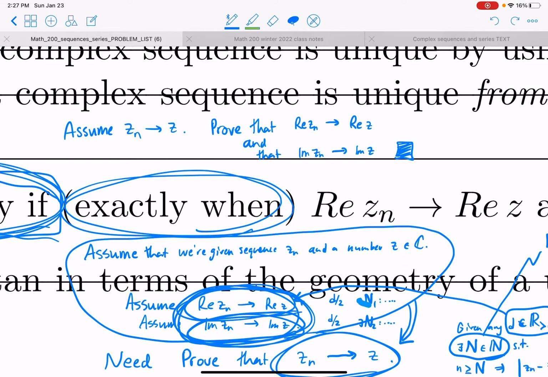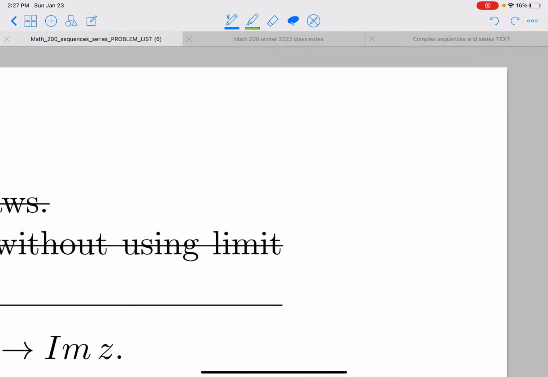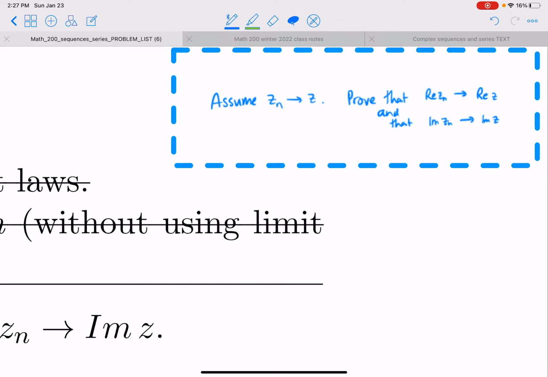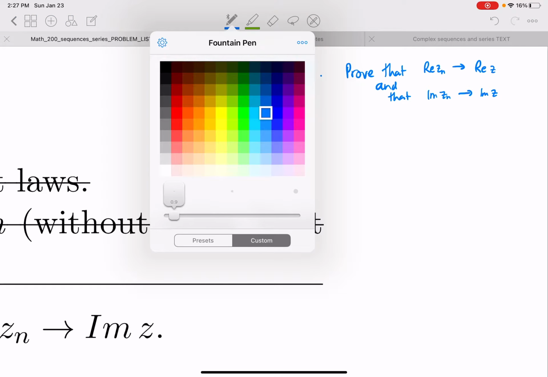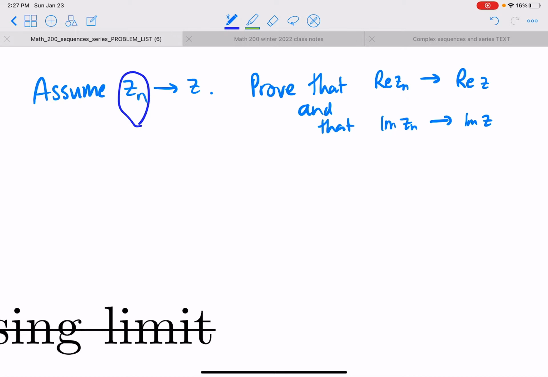So I'll copy this. We're supposed to prove that, let's see, over here. So we have a sequence of complex numbers z1, z2, z3, etc., and they're going to limit to some complex number z.